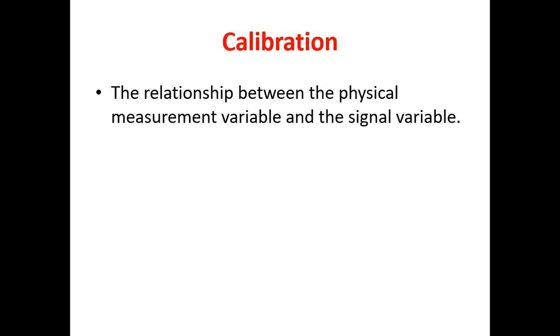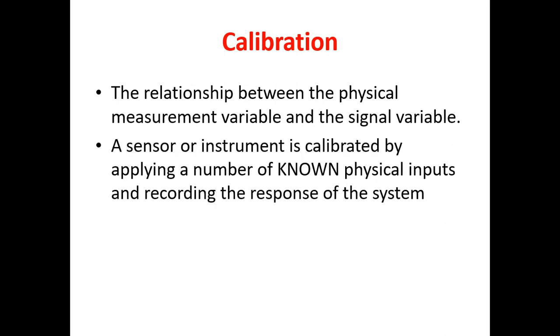Calibration is a very common procedure. Normally, we want to make sure that the instrument is calibrated by applying a known input and recording the response of the system. Calibration means we want to make sure that our obtained reading is close to the standard value.